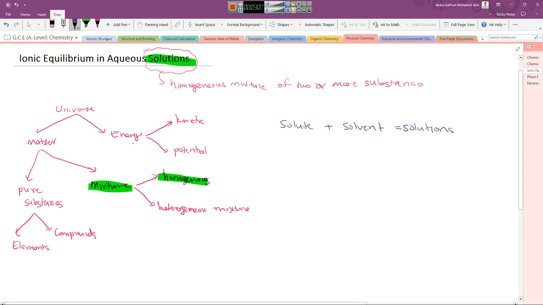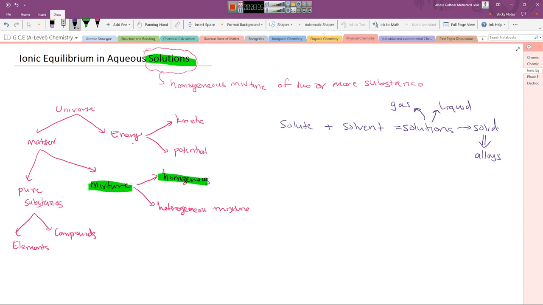Now the solutions can be in gaseous state, liquid state, or even solid state, right? So for solid state solutions we have examples as alloys. For example, we have steel, bronze, brass. These are the examples for solid solutions.